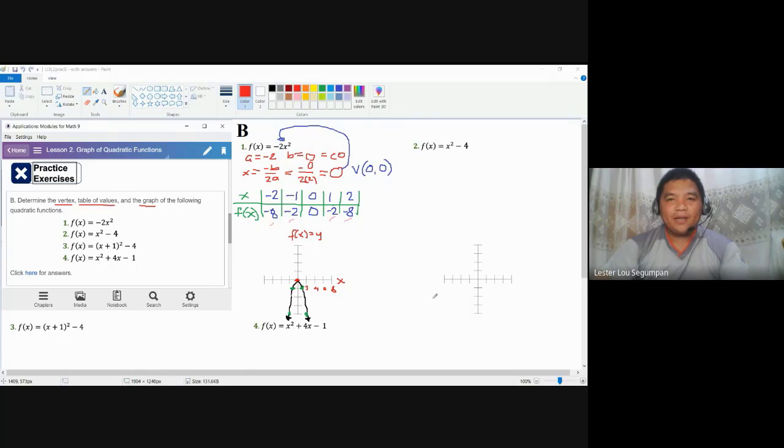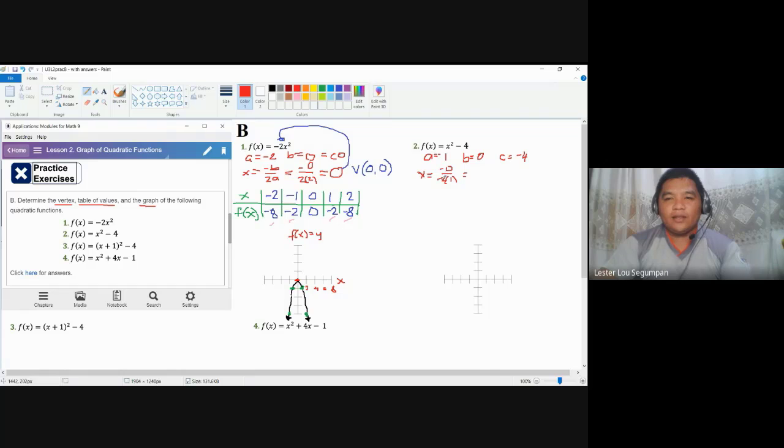Okay, so let us apply the same processes in graphing item number 2. Let's start by determining the vertex. Here, the a coefficient is 1. We don't have a b coefficient. And our c is negative 4. For our vertex, we can locate the x coordinate using the formula negative b over 2a, which is 2 times 1.